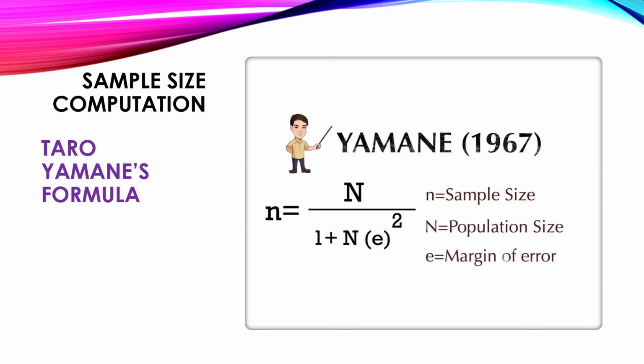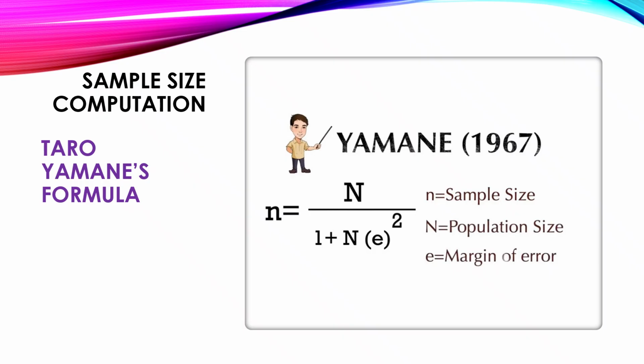Now, another way to compute the sample size is the Taro Yamane formula, previously commonly known as Slovin's formula. In 1967, a book was published that contains this formula: n over 1 plus ne squared. This comes from Cochran's formula, which is simplified. The capital N there is the population size.